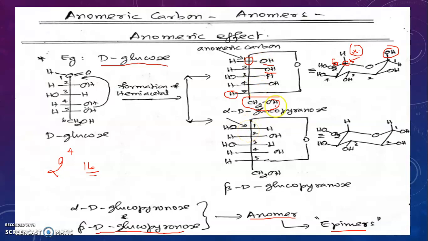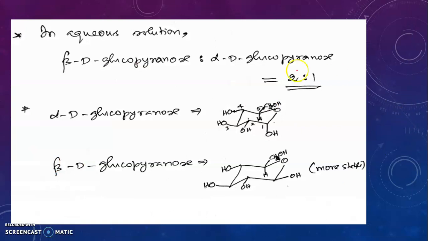Are you able to understand? If two isomers differ in the orientation of only one carbon, then they are called epimers. So anomers are epimers, and you also know that epimers are diastereomers. In aqueous solution, the beta D glucose to alpha D glucose ratio is 2:1.